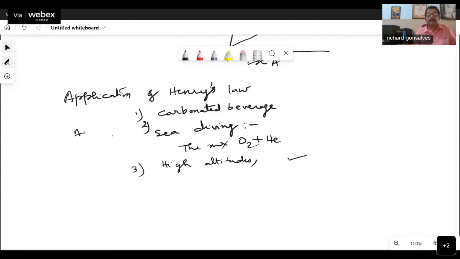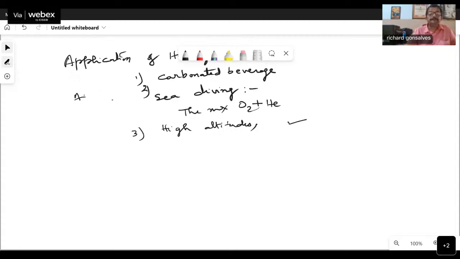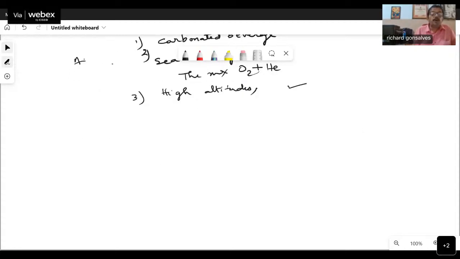Next we move on to ideal solution. This part is clear. What is an ideal solution? Please notice. I am speaking about two liquids, not two solids. Solution of a liquid and a liquid.